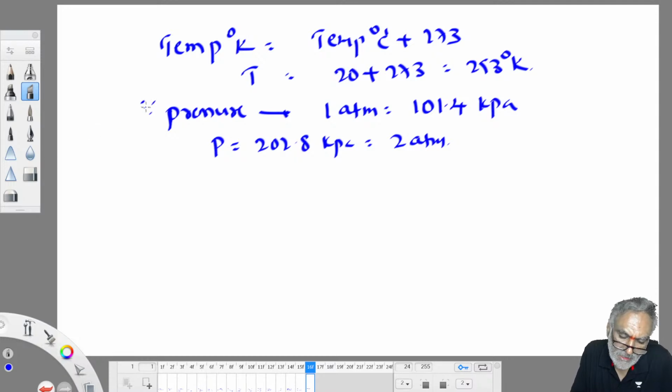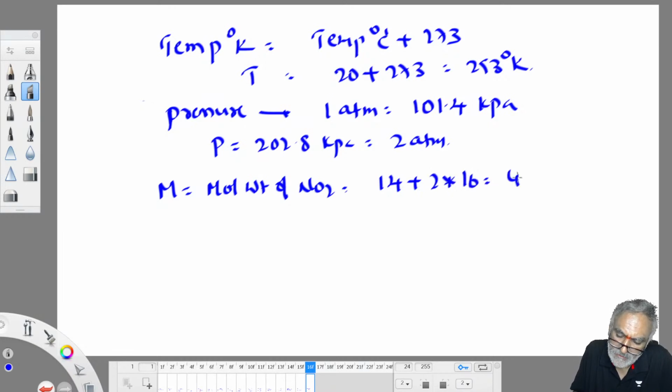Since 1 atmosphere is equal to 101.4 kilopascals, so he has given 2 atmospheres. Then you can work out. So M is equal to molecular weight of NO2. N is 14 plus 2 into 16, 32. 32 plus 14, 46. And K is equal to RT by P into 10 cube.